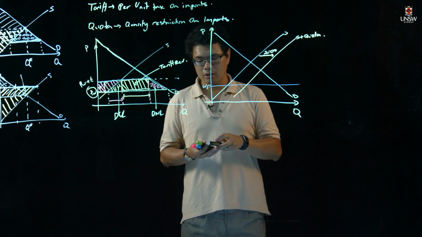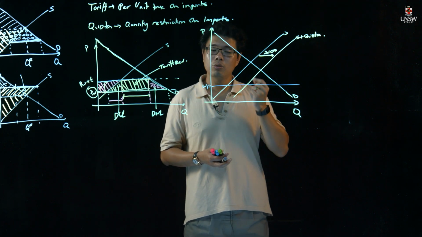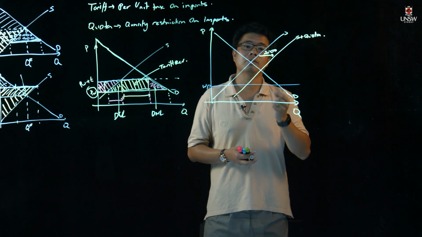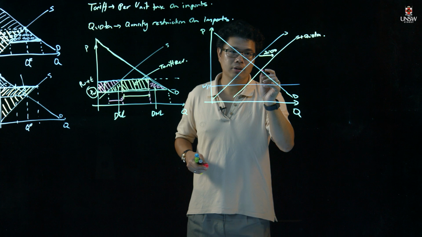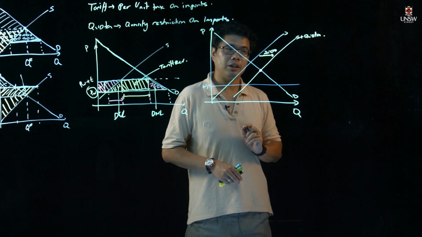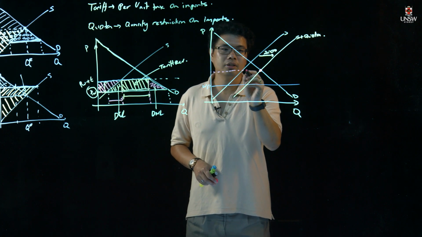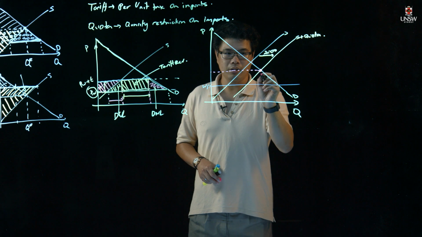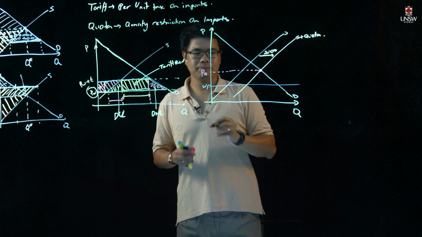Now let's think a little bit about what would actually happen when we impose this quota. What would actually be the price that the domestic consumers face? Well, it's the point where supply meets demand, isn't it? So this is obviously going to be the price of quota.